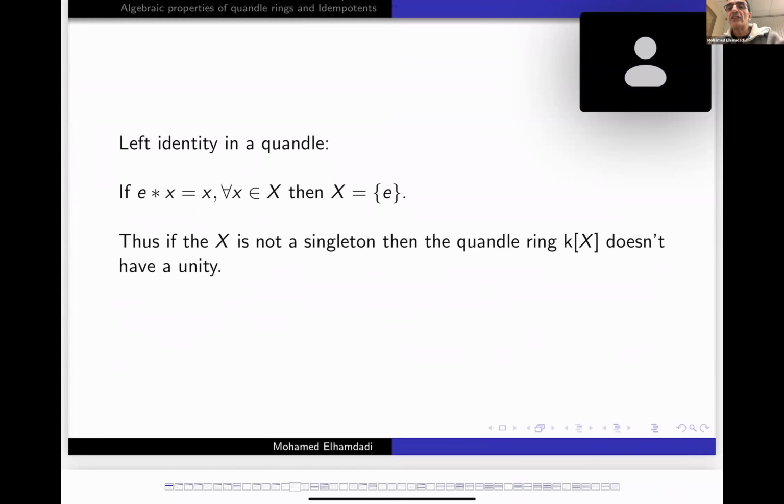Then quandle rings in general do not have unity or a unit element. Now here I'm talking about left identity. One can obviously look at the right identity. For example, if you take the trivial quandle, right identity means right multiplication by that element is identity. And for the trivial quandle, any element has right multiplication being identity.